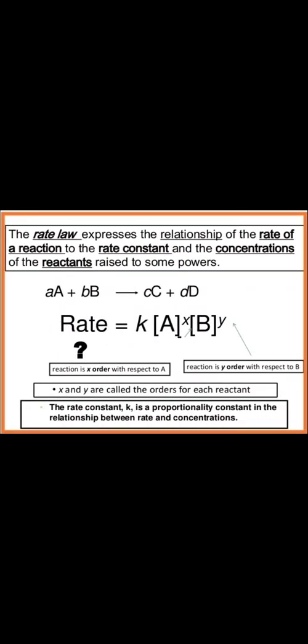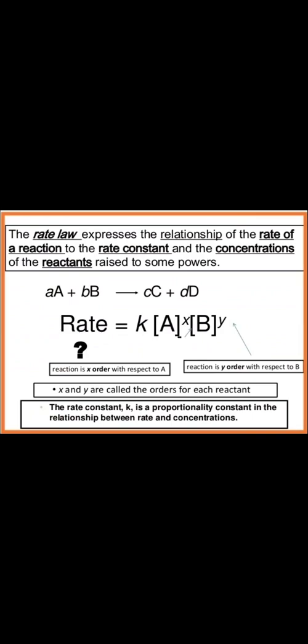Consider a reaction, that is, a A reacts with b B to give c C and d D. Small a, b, c, d are the stoichiometric coefficients of A, B, C and D respectively.